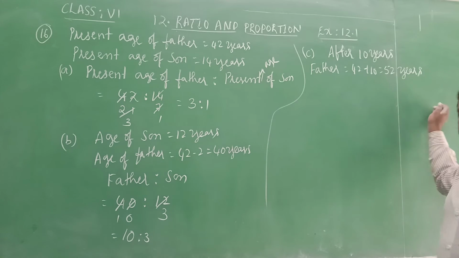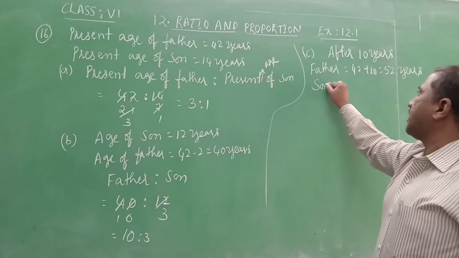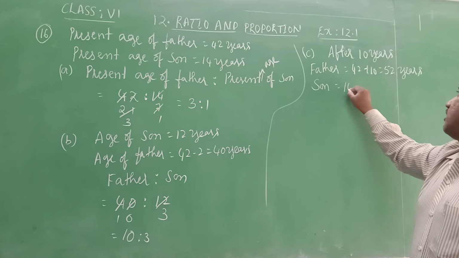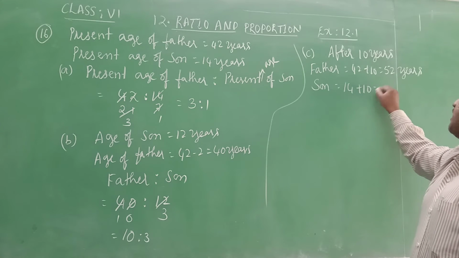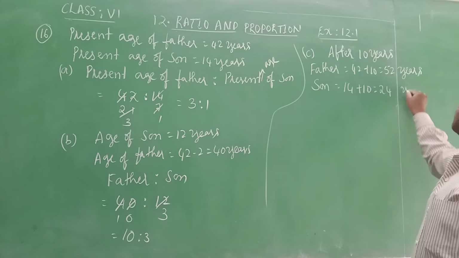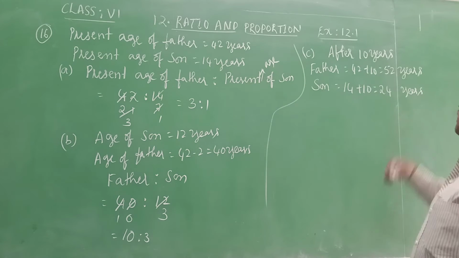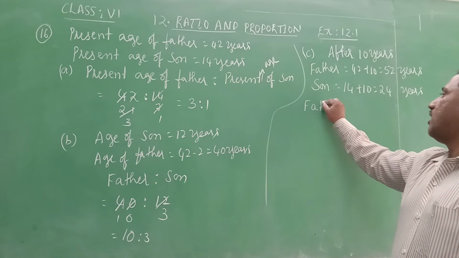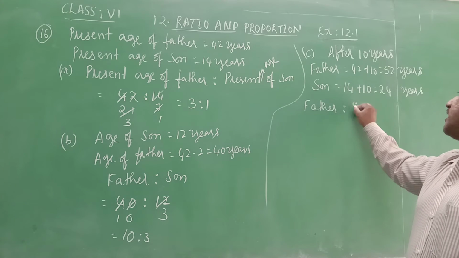Then the son, whose present age is 14 years, will be 14 plus 10, that is 24 years.